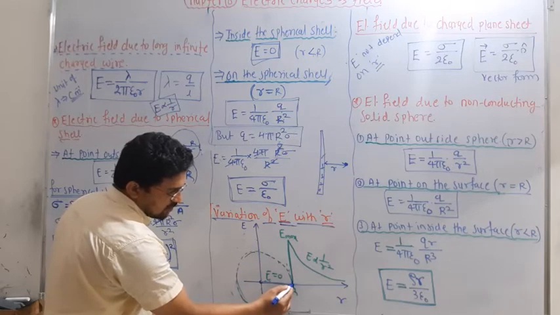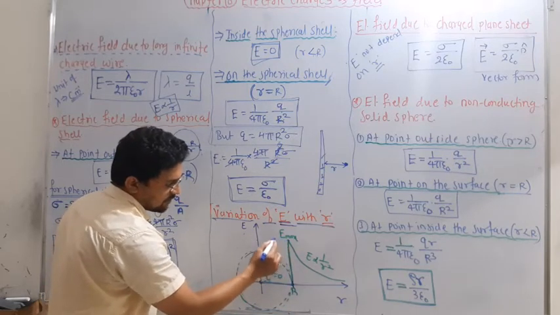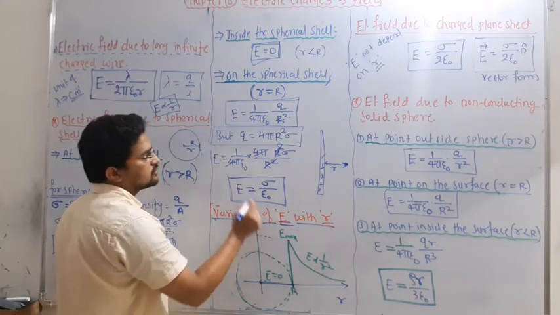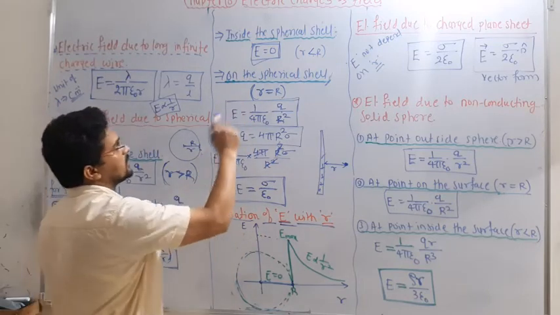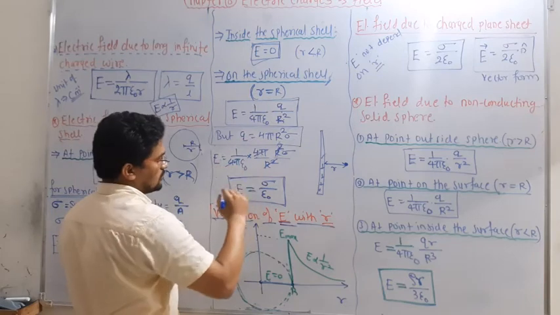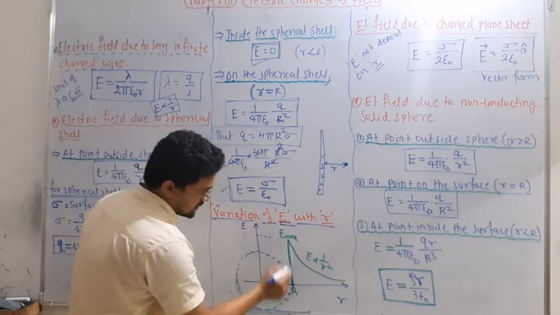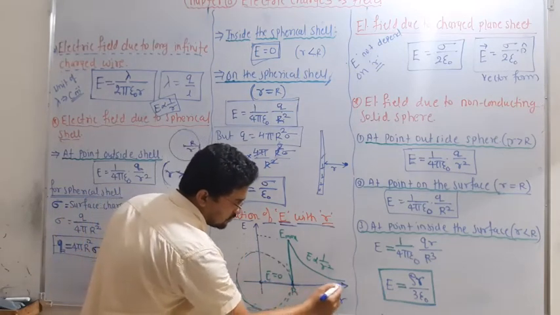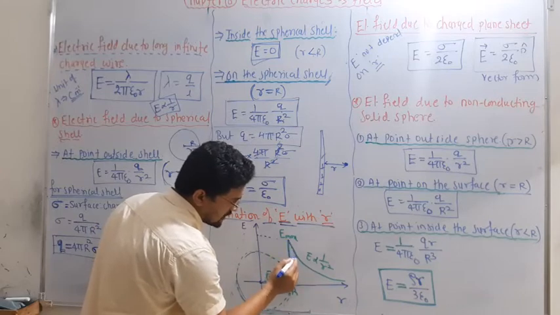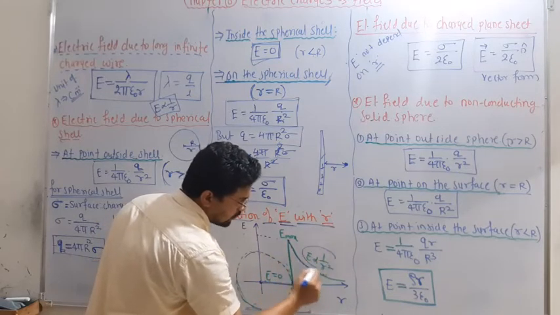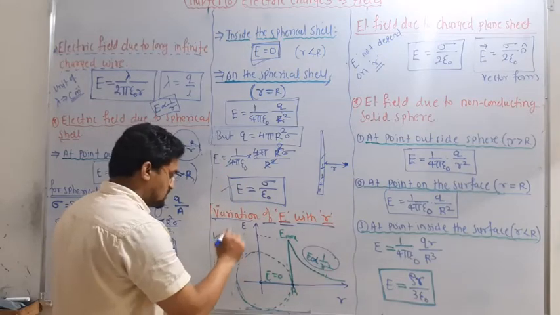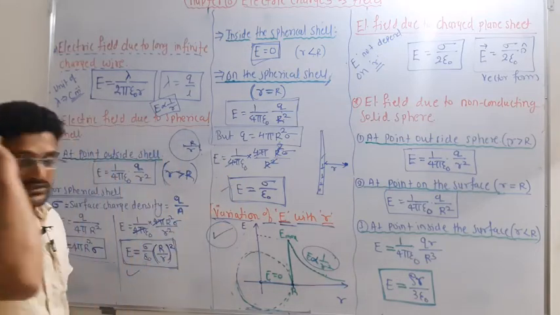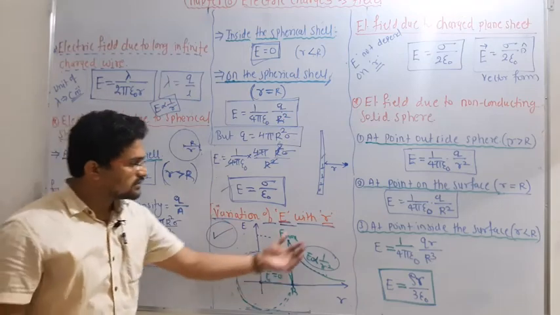On the spherical shell, the electric field is maximum, given by this equation on the surface. As you move away from the spherical shell, the electric field decreases, with E directly proportional to 1 upon r square. So remember this graphical representation of the electric field variation with r.